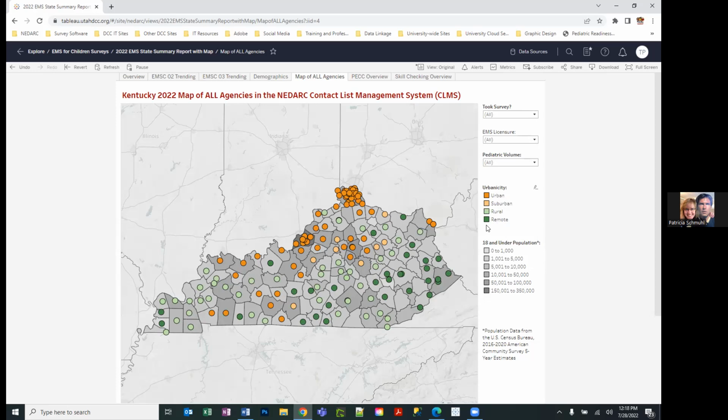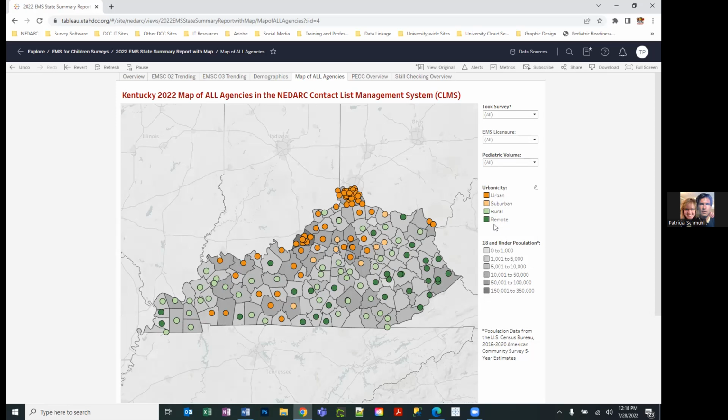So there are two reasons why you may think that. One is the address could be incorrect. Two is that there are hundreds of methodologies for deciding if something is urban, suburban, rural, or remote. And we use the methodology that NEMSIS does, which is called Urban Influence Codes.